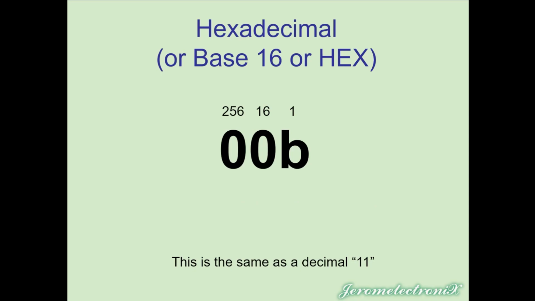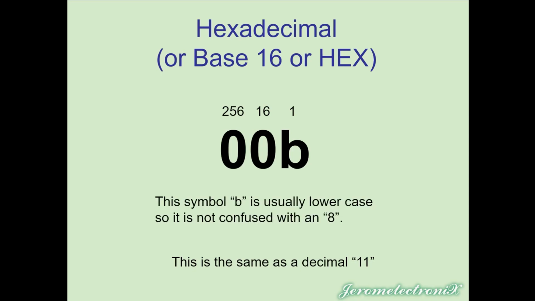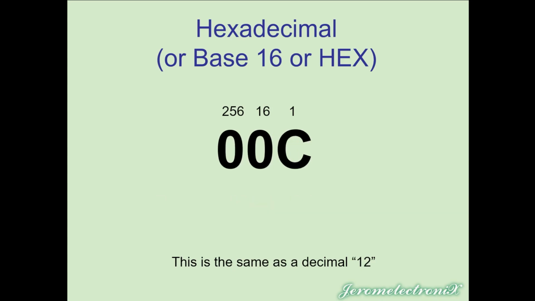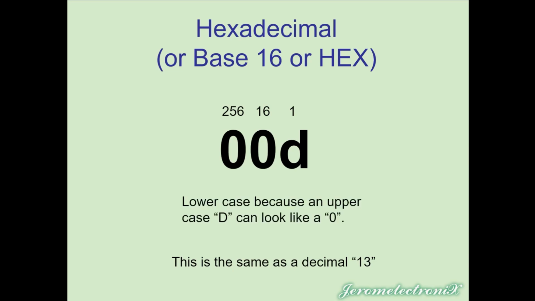B, notice we have put the B here as a lowercase because uppercase B looks like the number 8. This B then is the same thing as decimal 11. They have the same value. C, case doesn't really matter because an uppercase C looks like a lowercase C. Lowercase D is used to represent a 13 because an uppercase is a little bit like a 0.